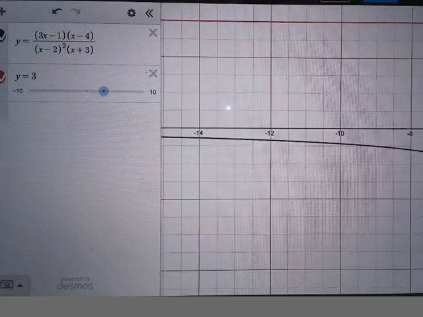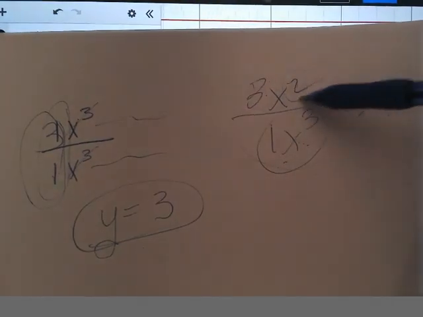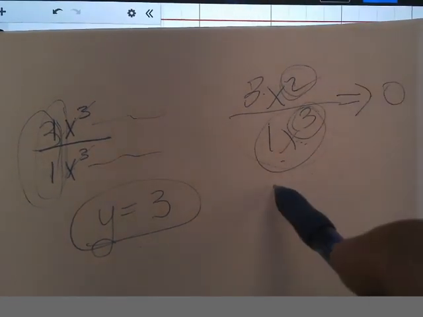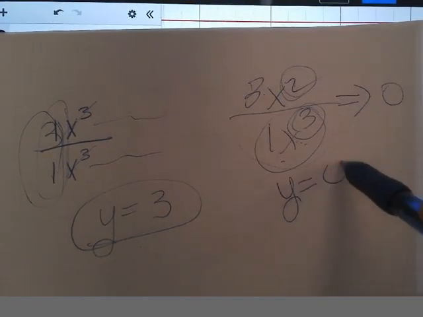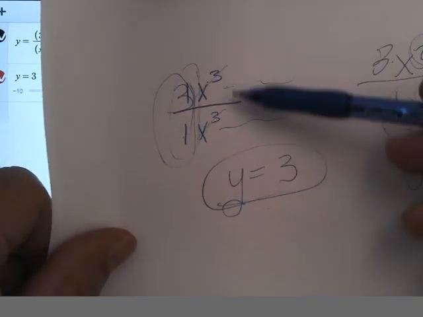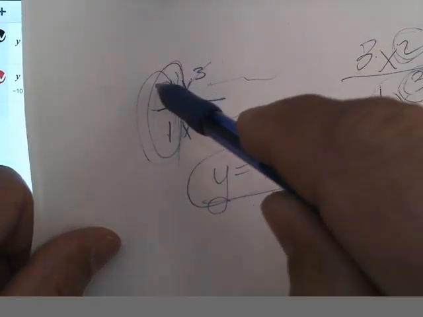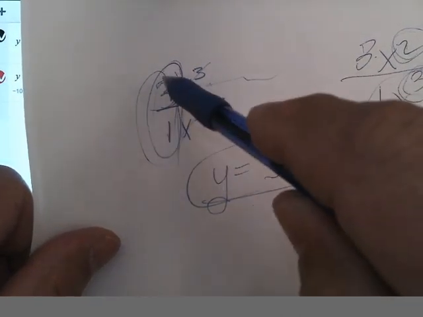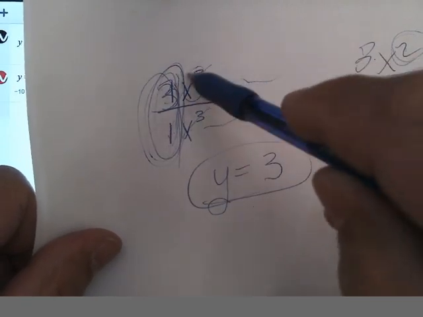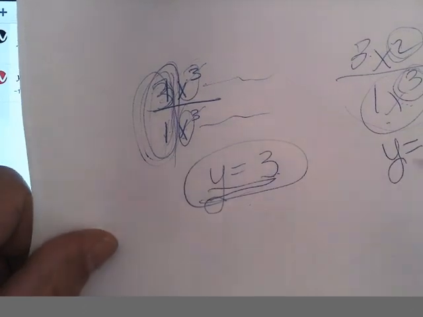So whenever the degree of the numerator is less than the denominator, the horizontal asymptote will be 0. If they're equal degrees, the horizontal asymptote will be the ratio of the leading coefficients, be it 3 over 1 or 2 over 3 or whatever the numbers are in front of the equal powers, the big equal powers. That's what will be the horizontal asymptote.